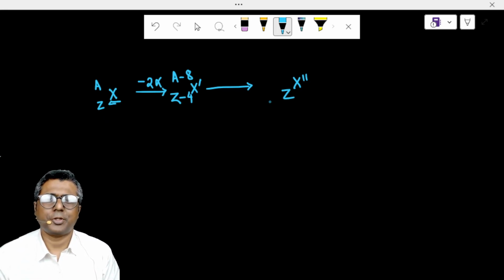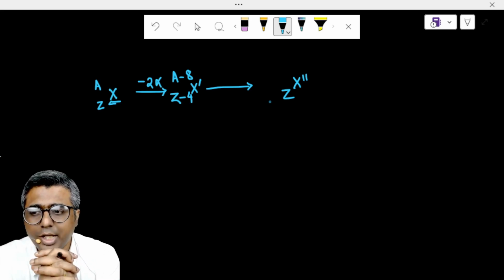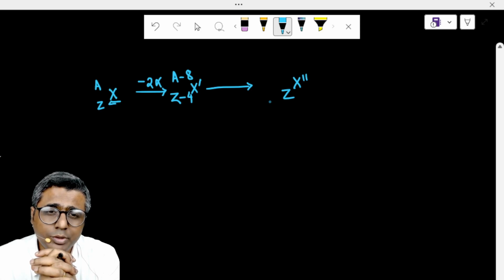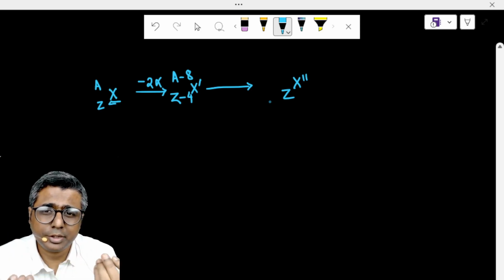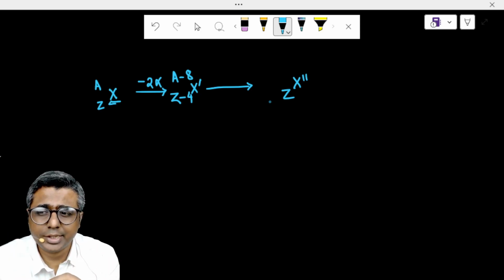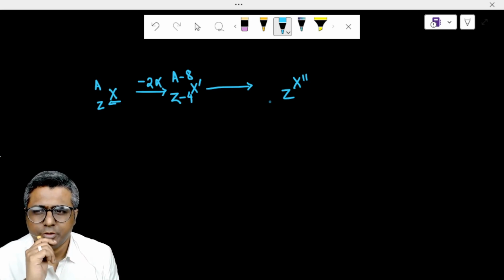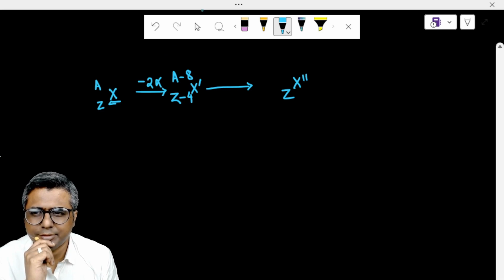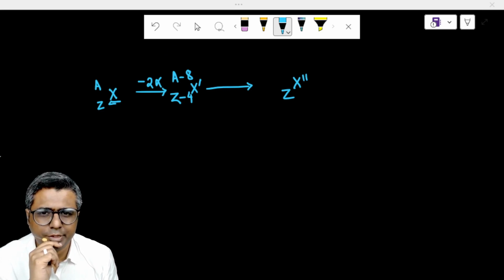Agreed? Okay. So if this has to have an atomic number of Z, then what will be the transformation between X dash and X double dash? You have to find that out, and definitely you are going to find it very easily. It's a very simple question.